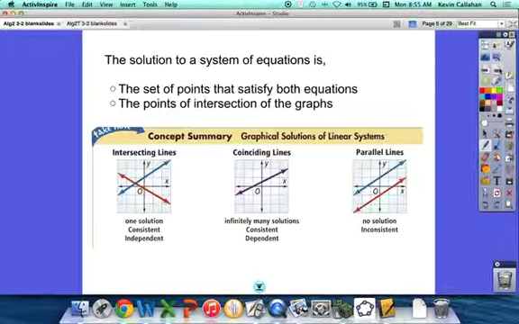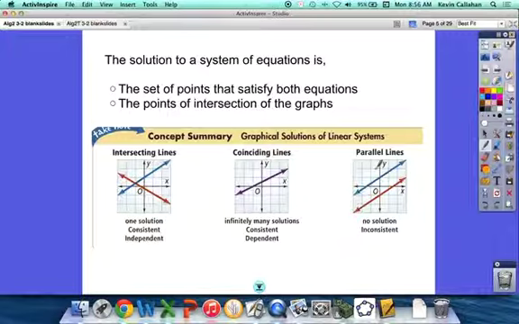Right? There's three possibilities when you're dealing with straight lines. One possibility is they cross. They have different slopes, so they cross at one point. Another possibility would be they have the same slope and different y-intercepts, so they're parallel, which means the system doesn't have any solution because there's no shared points.